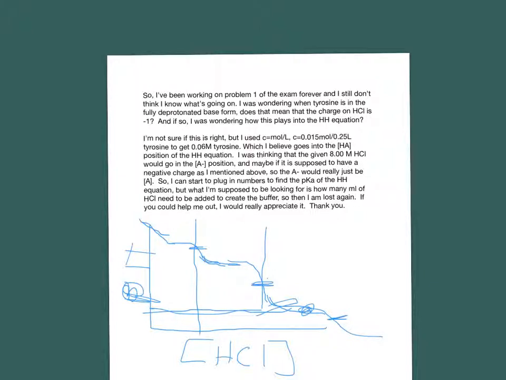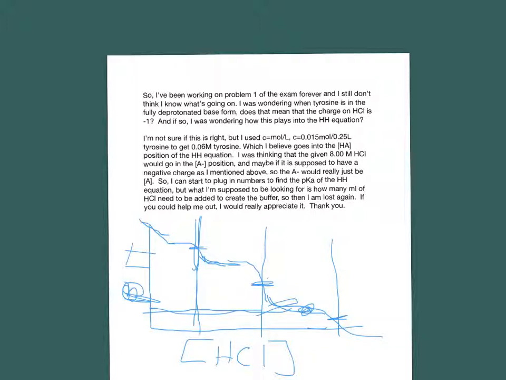Remember what an equivalence point is. An equivalence point is a point on the titration where all of your starting titrant, all the moles of the titrant, have been used up. And because you have three titratable groups, you're going to have three equivalence points. Each one takes the same exact amount of HCl in order to react with all the base and fully protonate it.